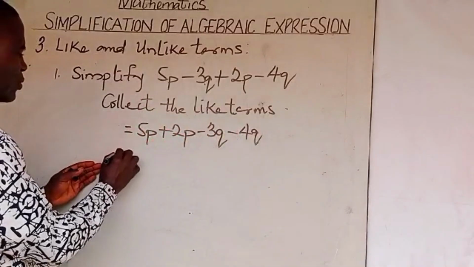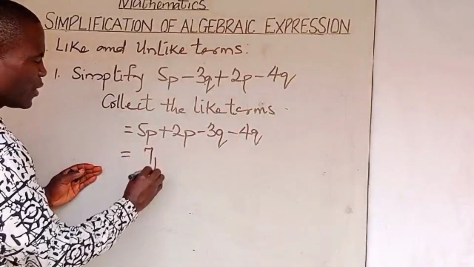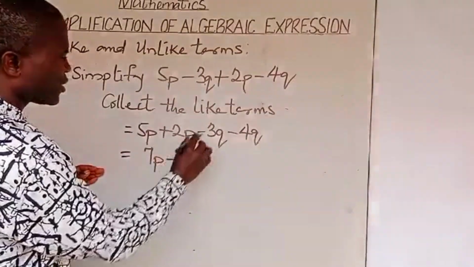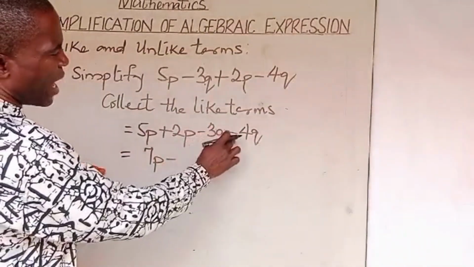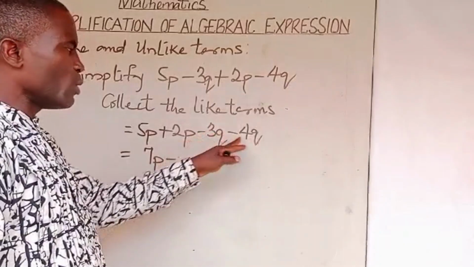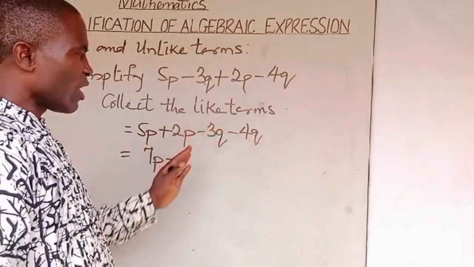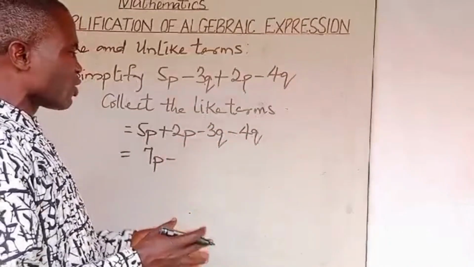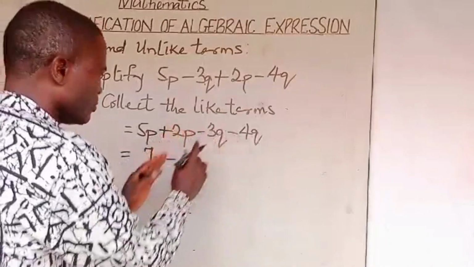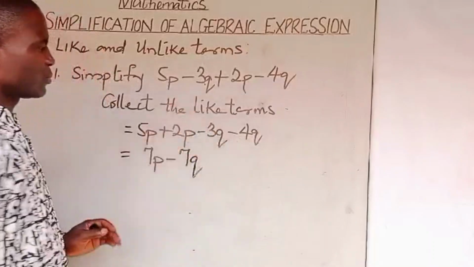Now, what do we do? 5p plus 2p gives us 7p. Then minus 3q minus 4q means you are owing 3q, you are still owing another 4q. So altogether, the amount of money you are owing becomes minus 7q.